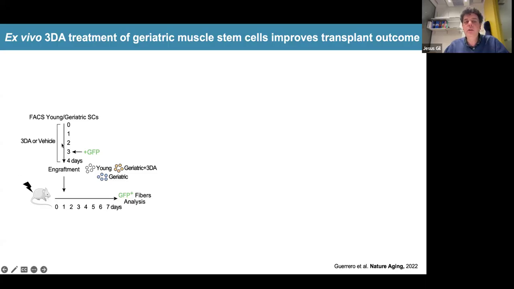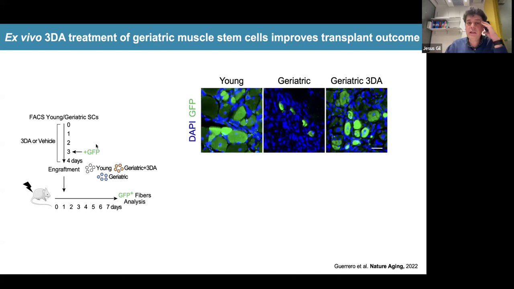And what we did is, during the ex vivo expansion of these stem cells in tissue culture, we treat them or not with 3DA, our molecule that was able to blunt senescence. And this is what we get once the cells got transplanted and we wait for a while. So here on the left, we have a section of a muscle that has been transplanted with young stem cells.